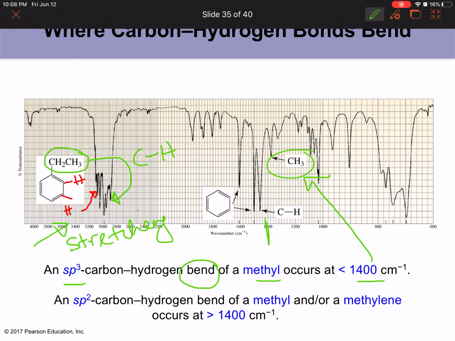That's methyl bending. And then the sp2 carbon hydrogen bend of a methyl or methylene occurs at greater than 1400. That is going to be these peaks. That is coming from the benzene ring. Okay.